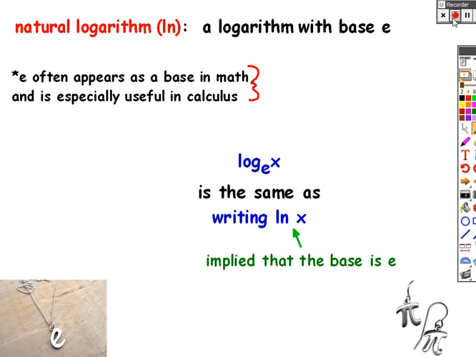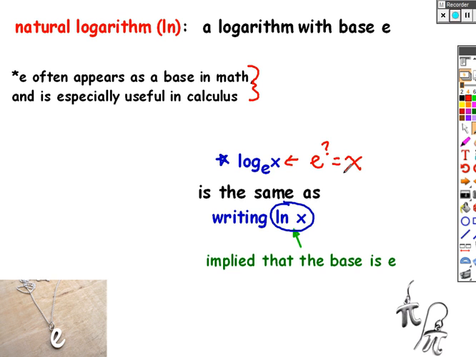So we've actually dedicated a special notation to a logarithm with a base of e, and that's this notation right down here. If I write log base e of x, this would be the same as saying, okay, e to what power is x?